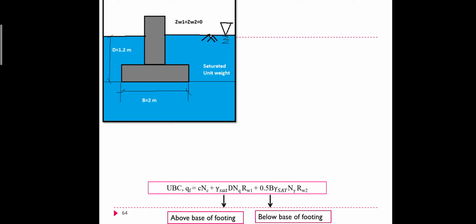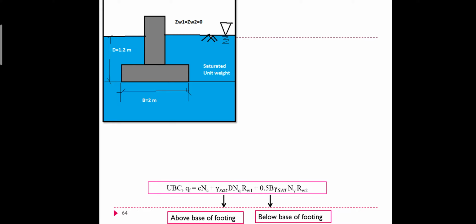What is ZW1 here? There is no distance between the ground level and the water table. So ZW1 is 0. And what is ZW2? The distance between the base of the footing and the water table. There is no such distance here. So ZW2 is also 0.